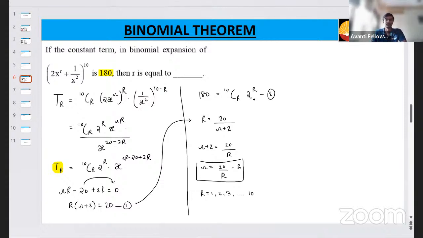If I substitute 1, this will not be satisfied. If capital R equals 1, equation 2 is not satisfied. See? So if R equals 2, maybe equation 2 is not satisfied. Then 3, 10C3. Is it happening for 3?